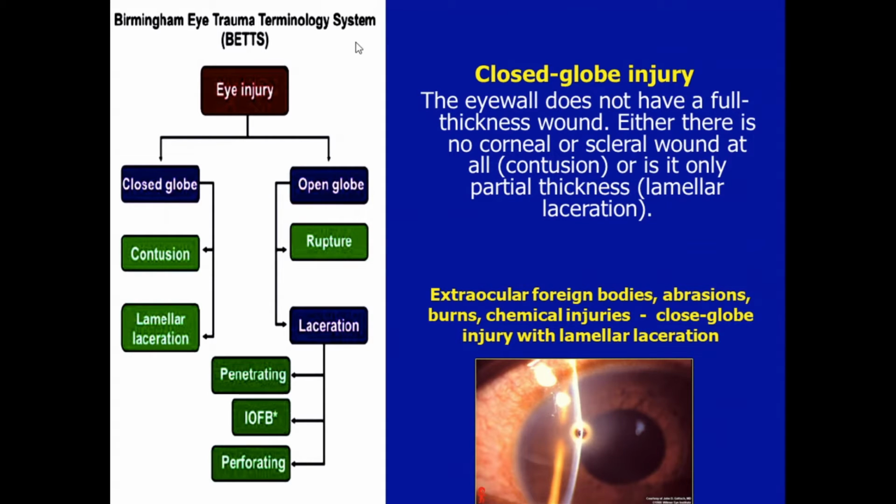The eye wall does not have a full thickness wound. Either there is no corneal or scleral wound at all, contusion, or it's only partial thickness, lamellar laceration. For example, closed globe injuries include extraocular foreign body, such as a corneal foreign body, abrasion, burns, chemical injuries.